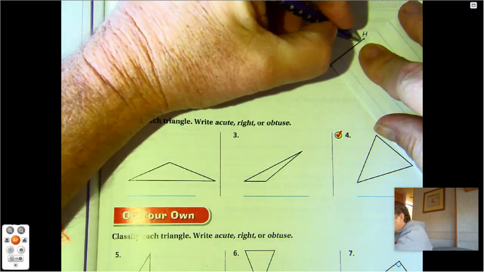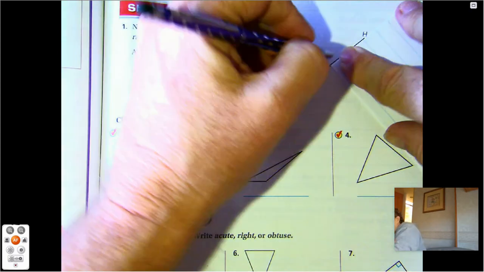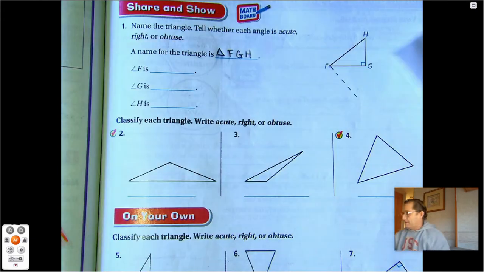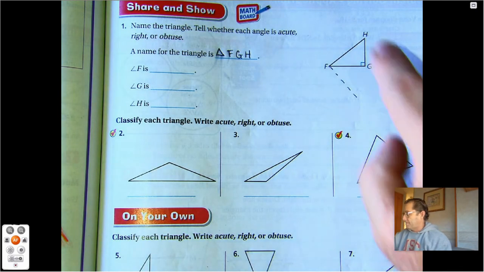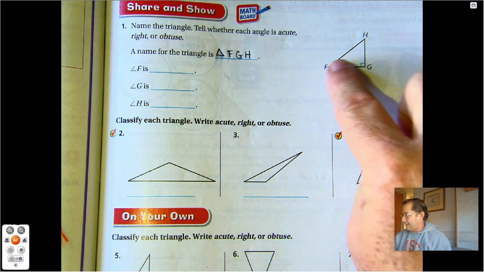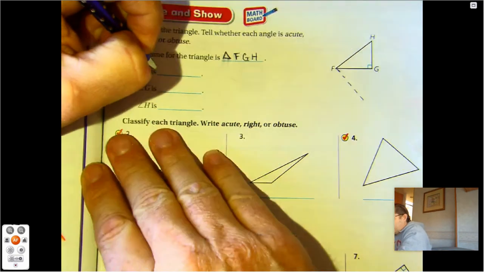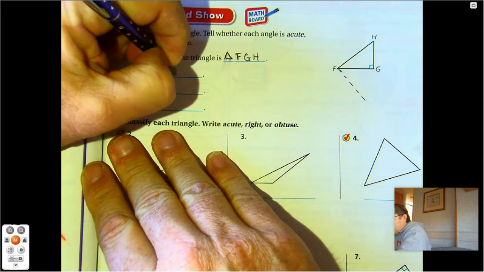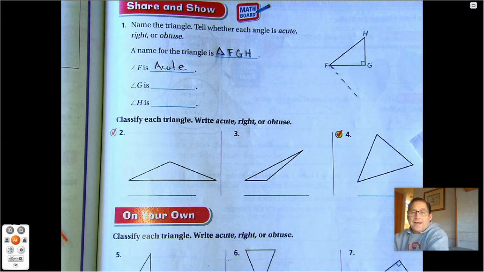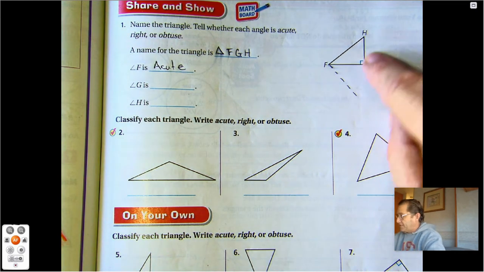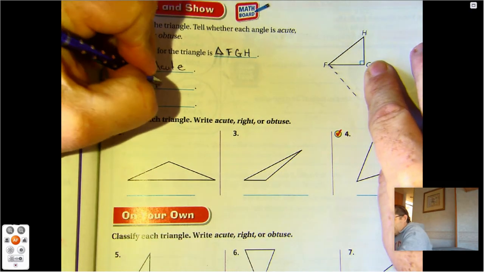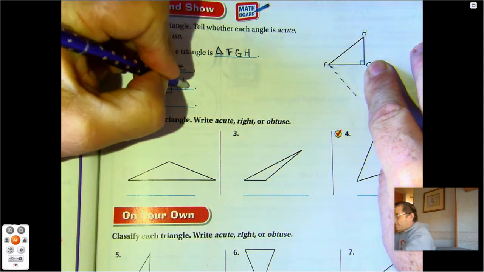Okay, so if angle F was a right angle, angle F would come out here. It's not. It's less than a right angle. So this is acute. Angle F is acute. Angle G. Angle G has the blue square symbol. We know that means it's a right angle.